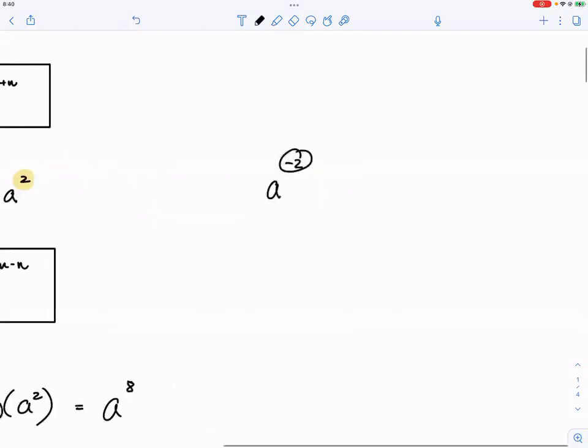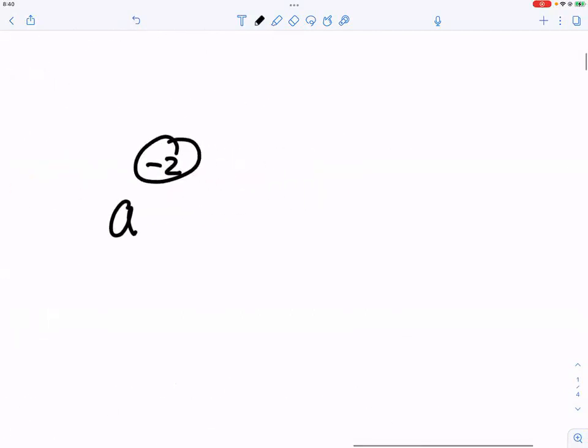So now, let's look at this. Is it okay that I write something like this? I mean, 3 minus 5, it's negative 2. Right? 3 minus 5 is negative 2, so they're equal.